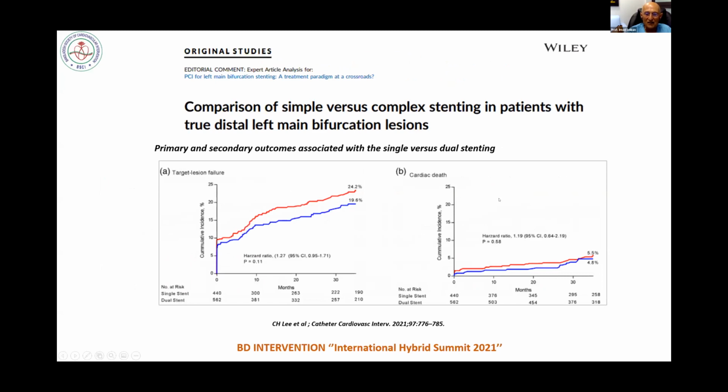And again, this is another study comparing single stenting to double stenting techniques in distal left main, showing no difference. But again, if we look at the length of the lesion of the side branch, what is considered the side branch is still less than 10 millimeters.